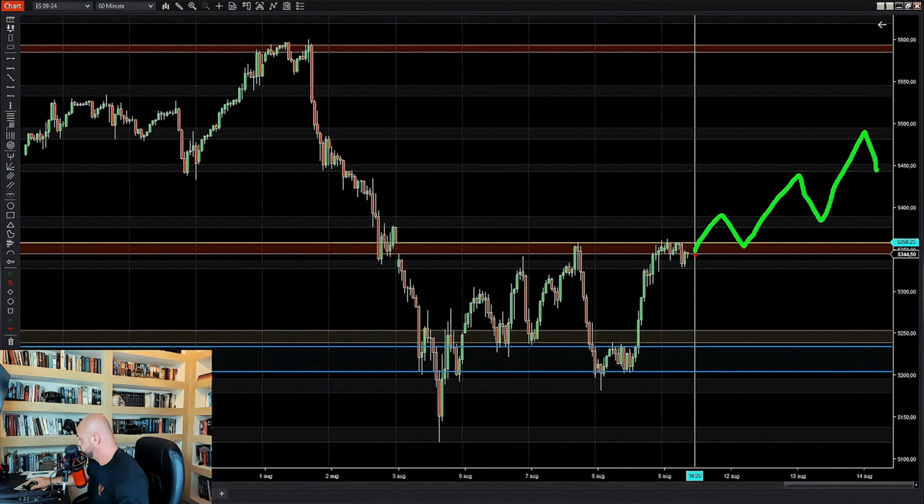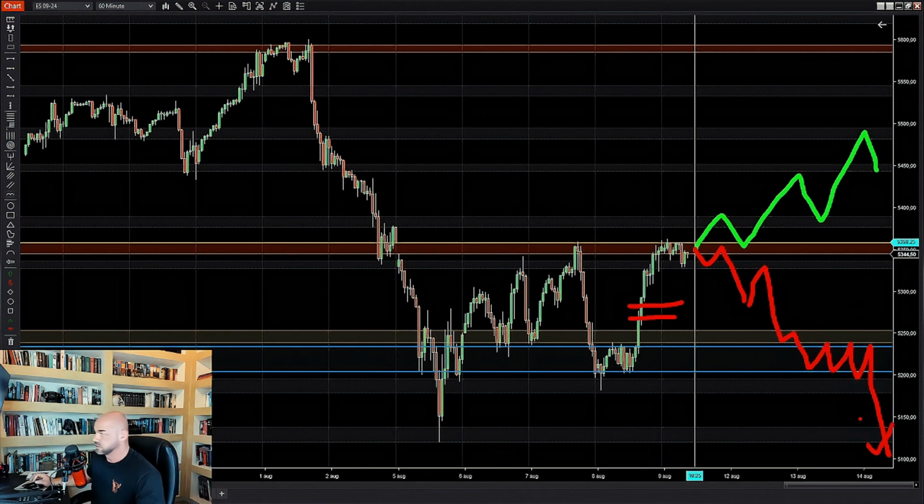We can also start testing down, retesting the fair value gaps, and start going down back into this range and eventually get down. That's my prediction for next week. So these are my zones for next week.